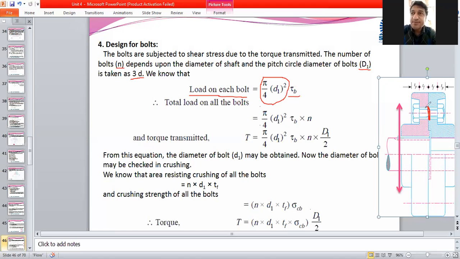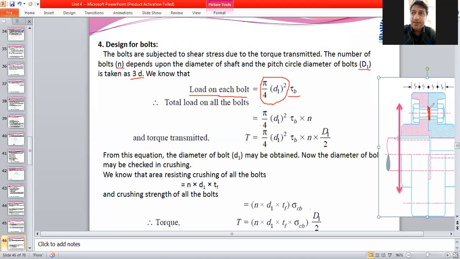This torque is transmitted first to this bolt and later on it will be transmitted to the flange of the blue part, then to the blue hub, then to the pin which is used to connect this hub with the shaft, and later on it will be given to the output shaft, the flow of torque which we saw in the last lecture.